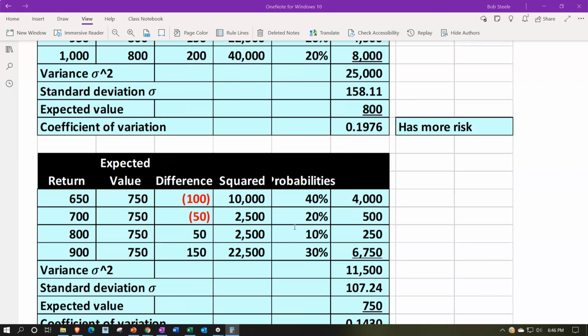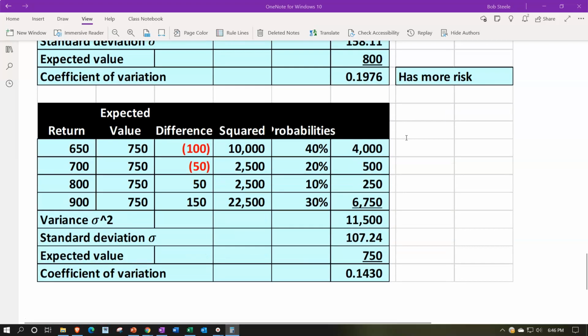The one willing to take the chance for the higher return would be more able to deal with or want risk, whereas someone who is risk averse might choose the second option here. It also depends on where you are in terms of your total investment portfolio, or where your business is investing, in terms of what types of investments would fit well within the risk assessment of your entire portfolio of investments.